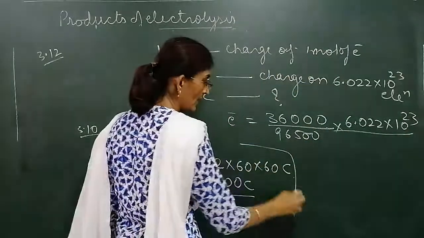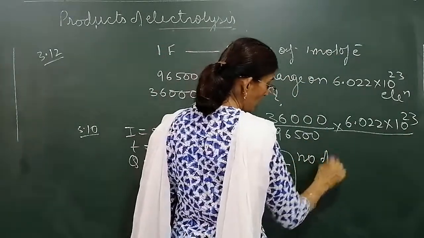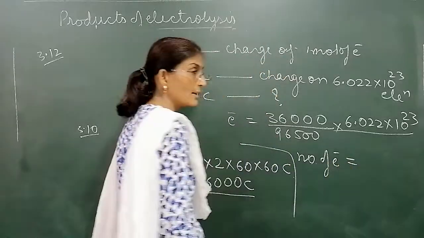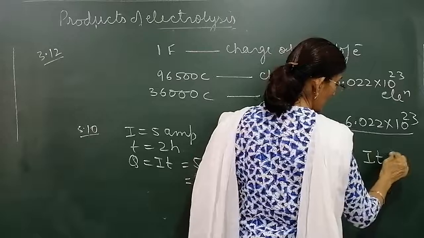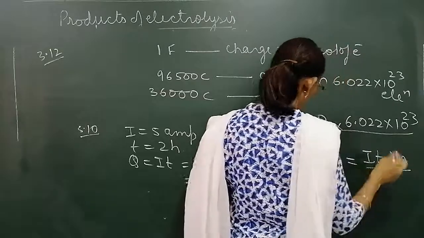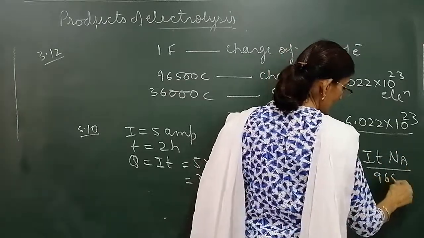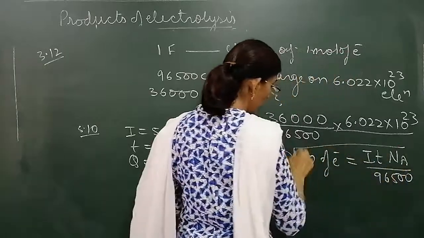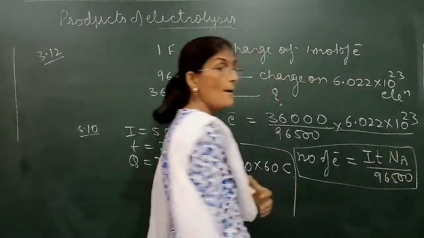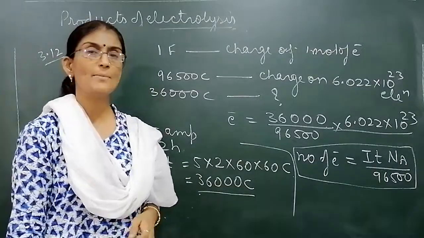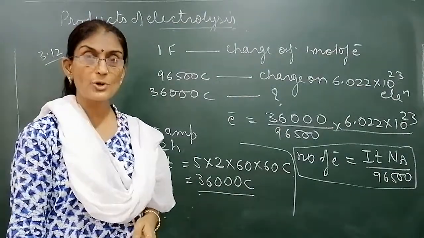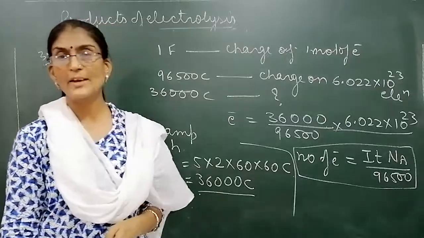As a formula you can remember, if you want to calculate the number of electrons carried by some charge, it is I T Na upon 1 Faraday, that is 96500. This is the formula for calculating the total number of electrons passed through the wire. I is the current, T is time in seconds, Na is the Avogadro number, and 96500.